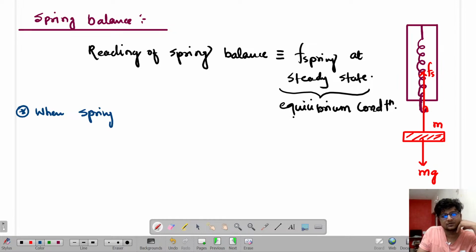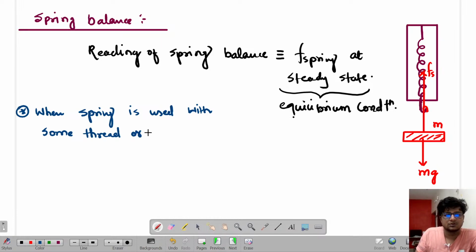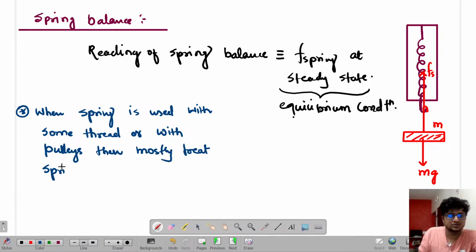When a spring is used with some thread or with pulleys, then mostly treat spring force and tension force as the same.